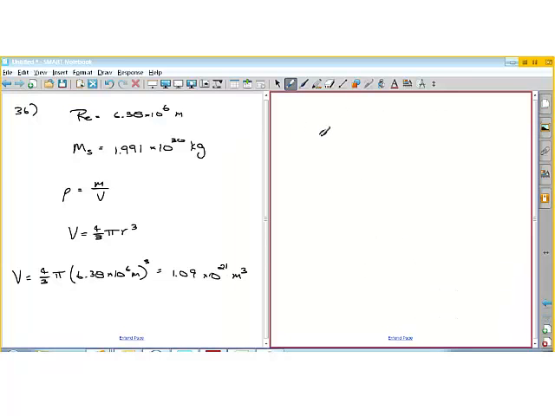So the density would be the mass, which is 1.991 times 10 to the 30th kilograms, divided by 1.09 times 10 to the 21st meters cubed. 1.991 e to the 30th divided by 1.09 e to the 21st power.